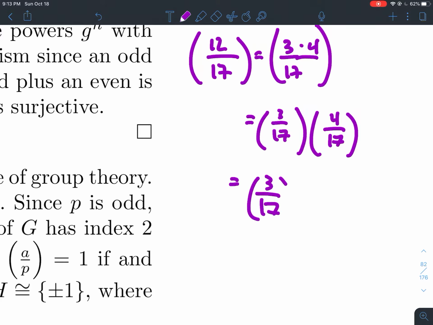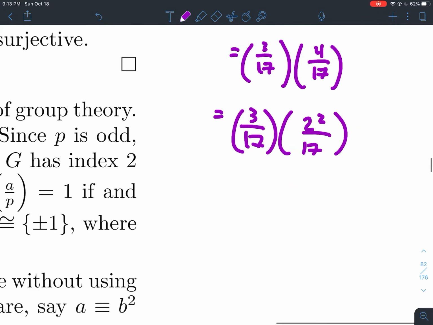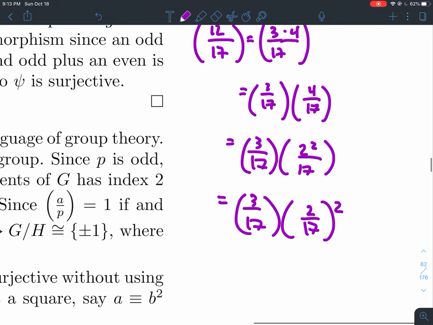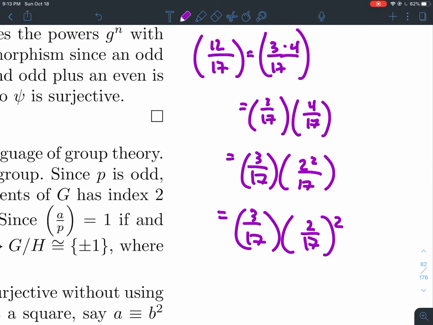So I'm going to apply the homomorphism property again, which tells me that I should be able to write this as 2 over 17 times 2 over 17 again. Maybe another way I'll write it, just to emphasize, you could say that same thing with powers. This should be the Legendre symbol of 3 over 17 times the Legendre symbol of 2 over 17 squared. So that is where we're going to use this fact that the Legendre symbol is a group homomorphism.